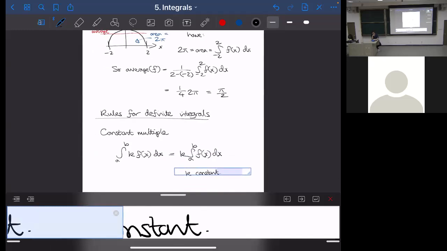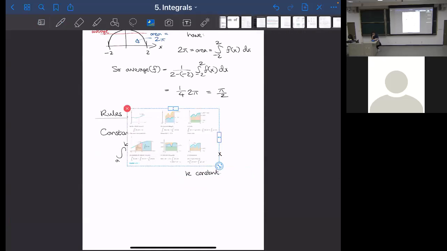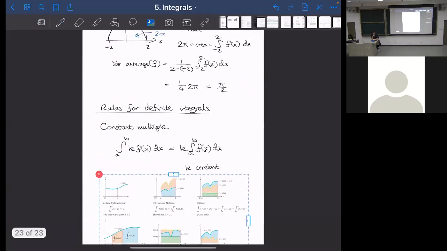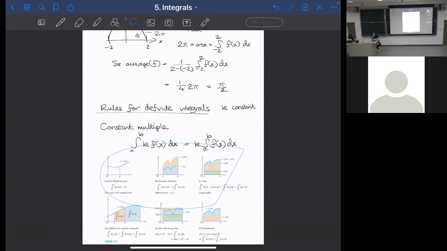Okay, so let me put in some pictures of this. We have all the pictures together at the moment. Let me rearrange this. Okay, so we have here a picture for the constant multiple.